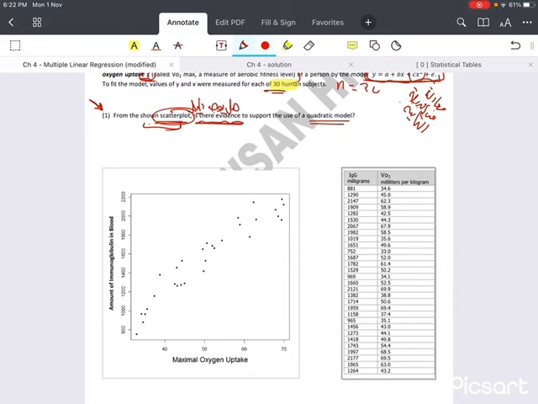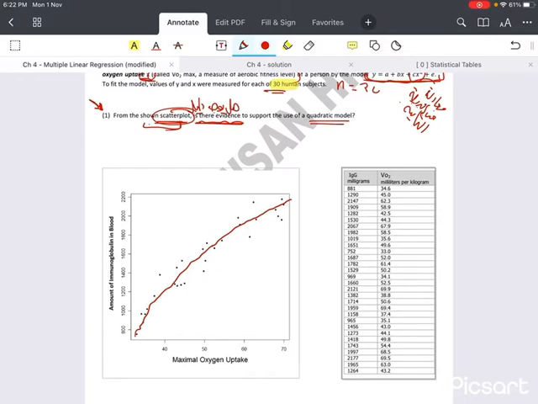If you make a line, you will see that the data is far away from this line, so the linear model is not suitable. This is not a line, it is half a curve, it has curvature.